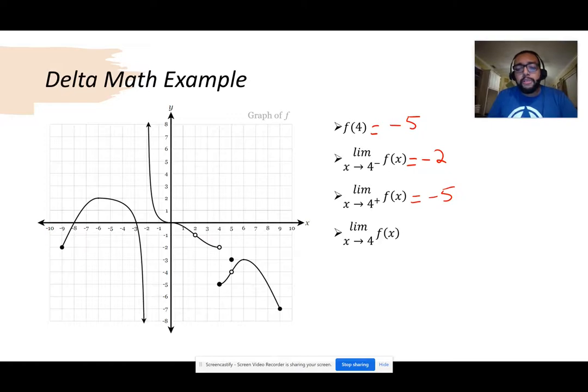We're approaching 4 from the left, and that was negative 2. And we're approaching 4 from the right, and that's negative 5. Therefore, the limit as x approaches 4, what is it? Correct, does not exist. Why does it not exist? Because the left-hand limit and the right-hand limit are not the same.